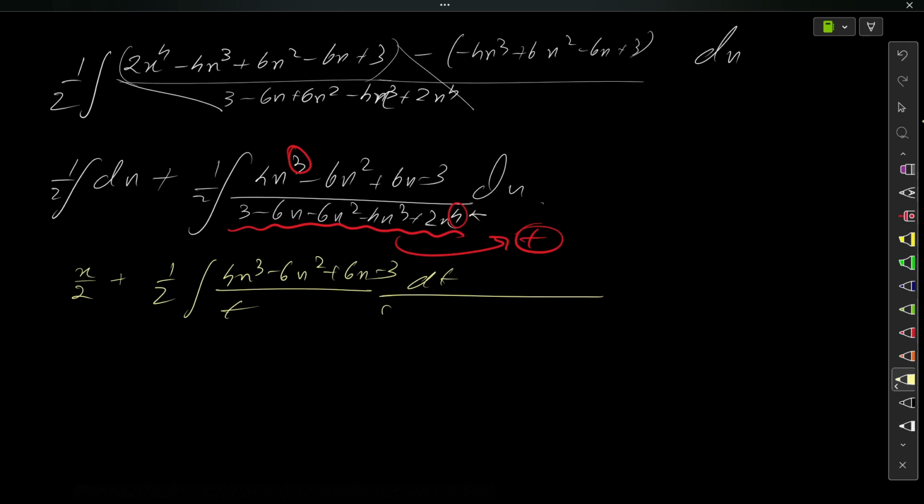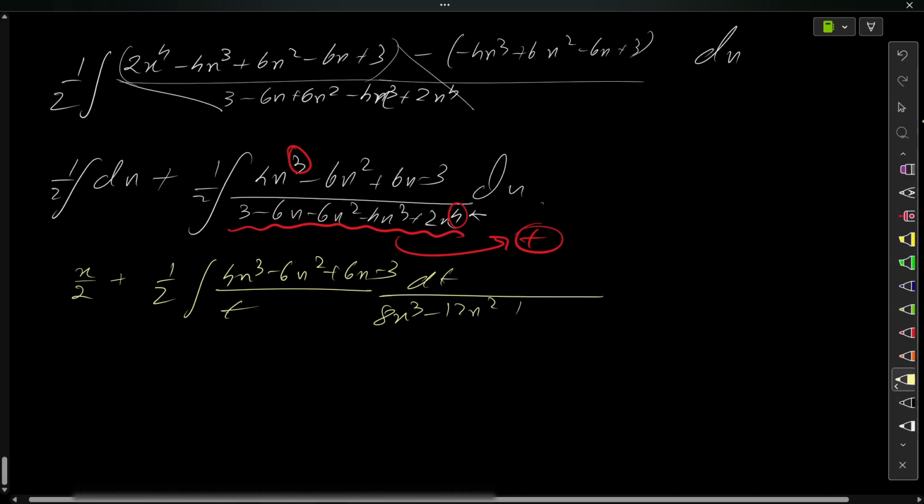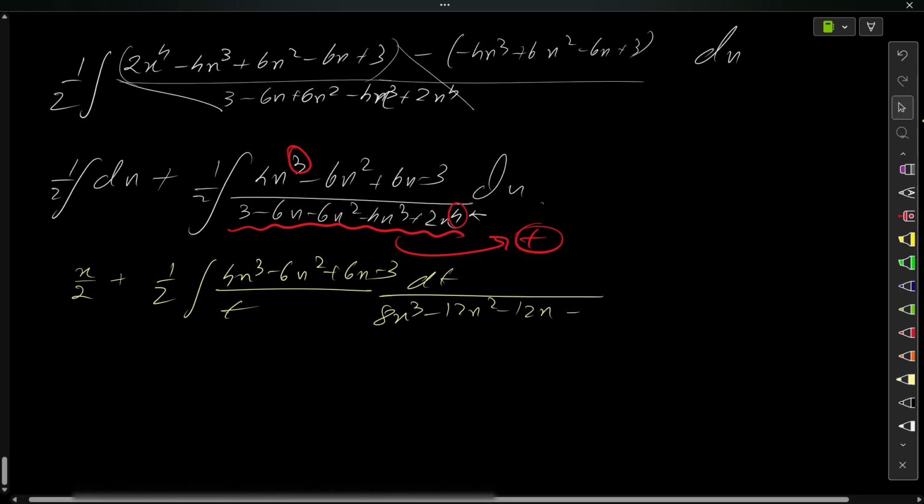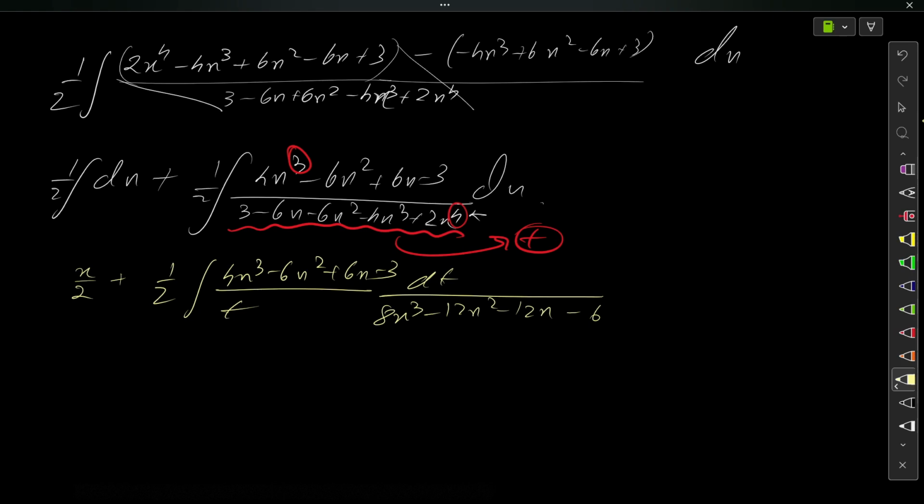What's the derivative of t? 8x cubed minus 12x squared minus 12x, so minus 12x squared minus 12x minus 6. Wait, this should be plus, right? Yeah, plus.